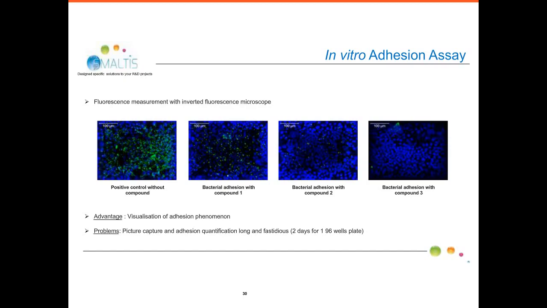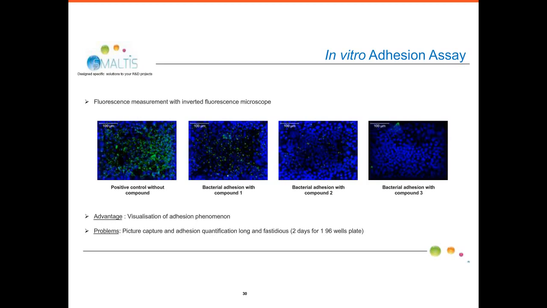On the left is the positive control, where bacteria are cultivated without molecule, and you can observe a strong adhesion. But in the 3 other pictures, each of the 3 different compounds tested has a different effect to prevent bacterial adhesion. The advantage of the microscope, as you can see, is the visualization of the adhesion phenomenon.